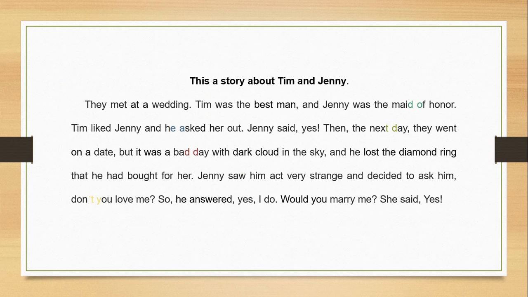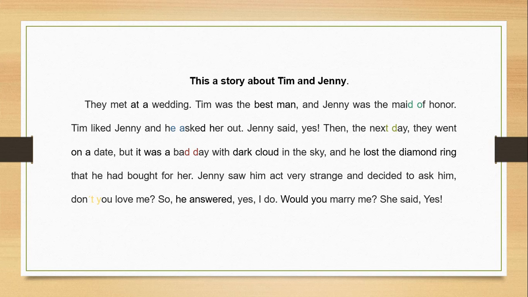Now here we have a story about Tim and Jenny. This is a story where you can find several kinds of connected speech, but I chose just one for each connected speech. The first one is made of.